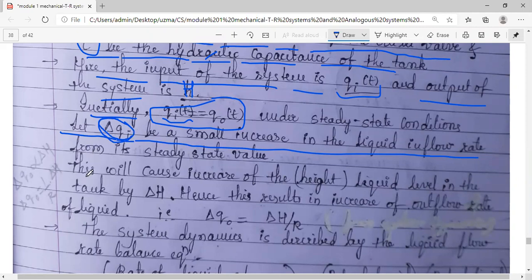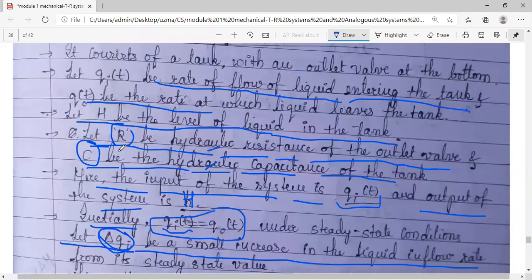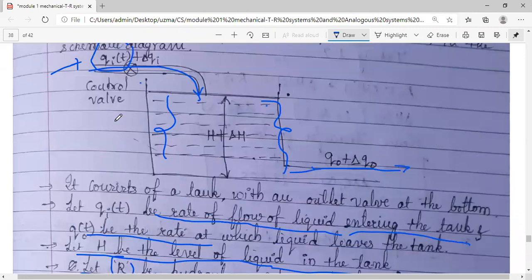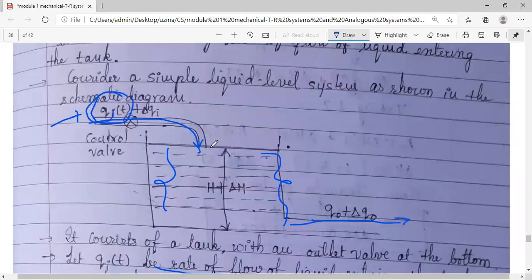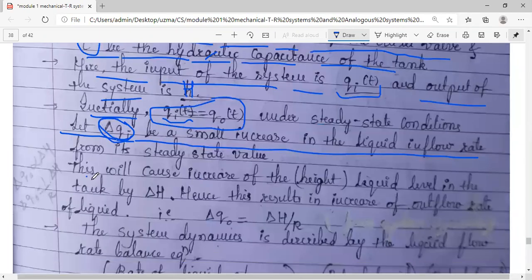Okay. What will happen if this rate increases, or if there is a change here? You can observe there is a change here also. This will cause an increase of the height, because you are increasing the flow rate; with more flow, obviously more water will be stored inside the tank, because of which the level of the liquid inside the tank will increase.